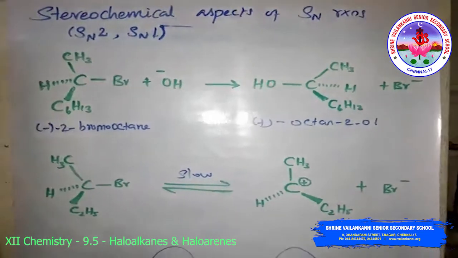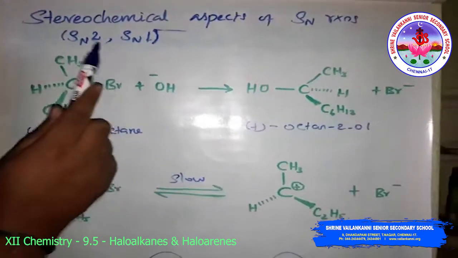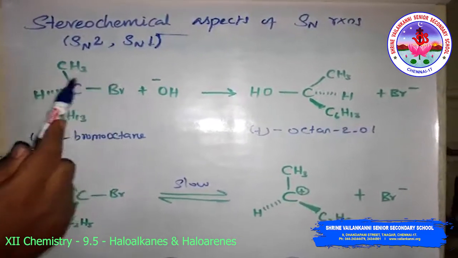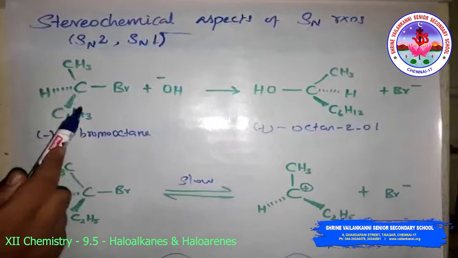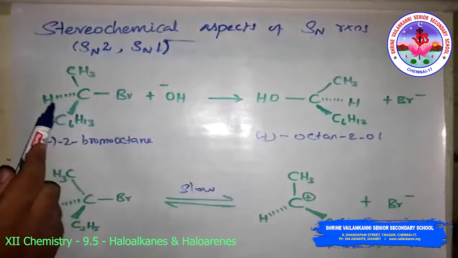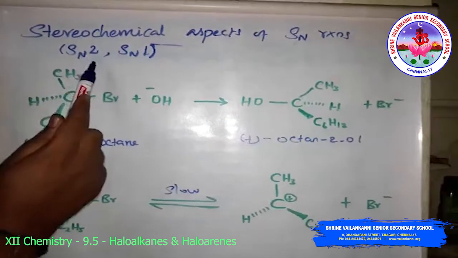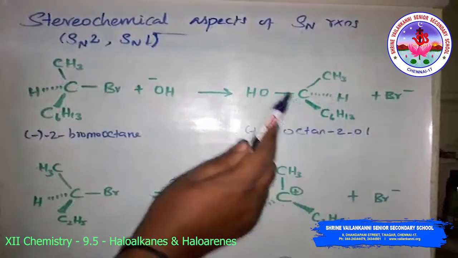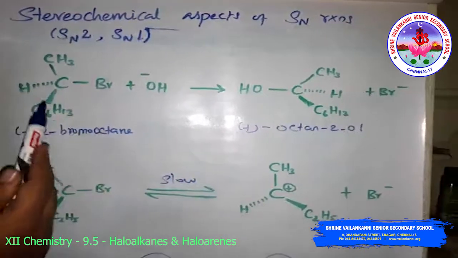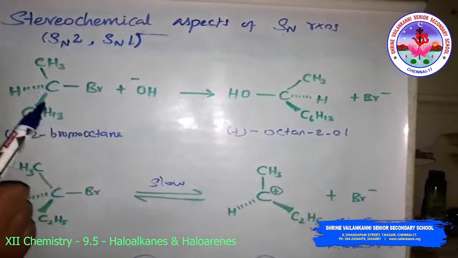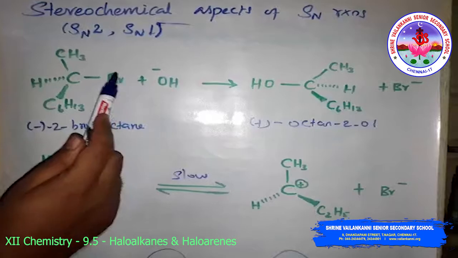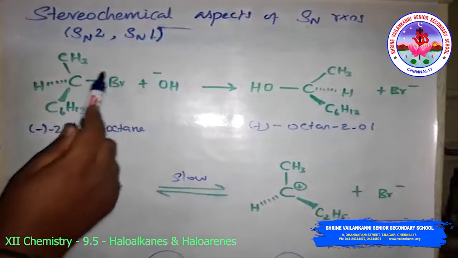Now let us have a fresh look at the SN1 and SN2 reaction mechanisms, taking the example of optically active alkyl halides. In the case of an optically active alkyl halide, the product formed as a result of the SN2 mechanism has the inverted configuration as compared to the reactant. This is because the nucleophile attaches itself on the side opposite to the one where the halogen atom is present.